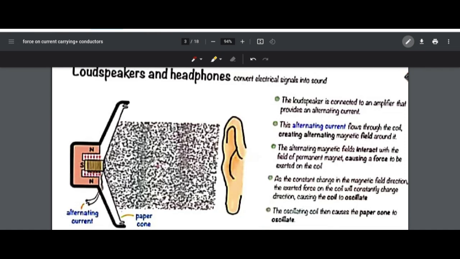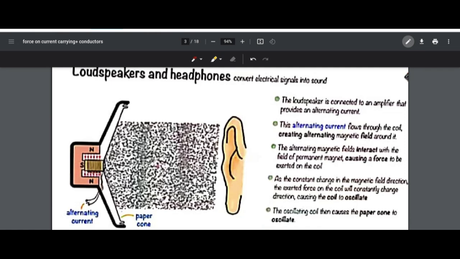The loudspeaker is connected to an amplifier that provides an alternating current. This alternating current flows through the coil, creating an alternating magnetic field around it. And the alternating magnetic field interacts with the field of the permanent magnet, causing a force to be exerted on the coil.